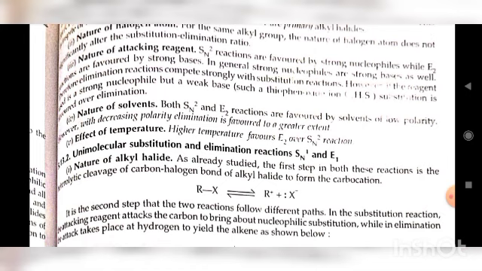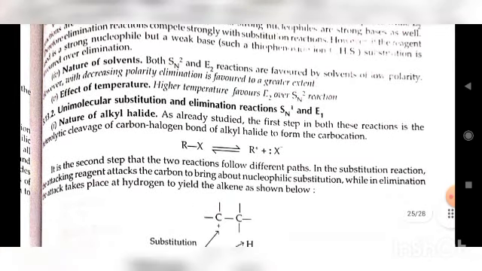Therefore, elimination reactions compete strongly with substitution reactions. However, if the reagent used is a strong nucleophile but a weak base, substitution is favored over elimination. Nature of solvent. Both SN2 and E2 reactions are favored by solvents of low polarity. However, on decreasing polarity, elimination is favored to a greater extent. Effect of temperature. Higher temperatures favor E2 over SN2 reactions.